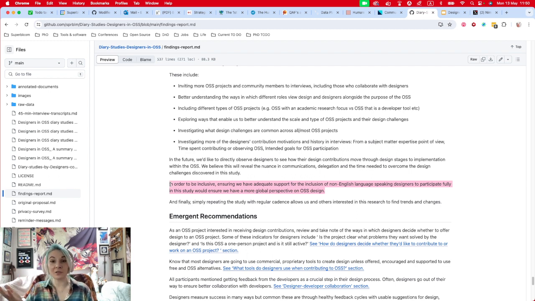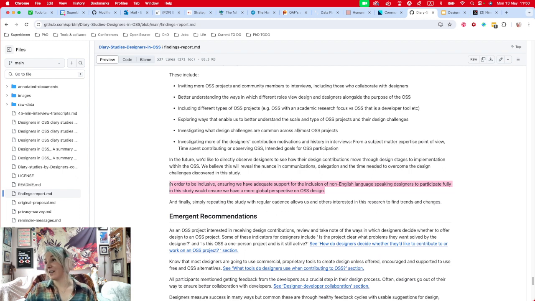We were able to make sure that everybody had enough time to communicate what they wanted to in English, but there were certain things that even the participants in this diary study did their best to communicate in English as well as they could, but actually they would be able to express that much more comfortably in their native language that isn't English.